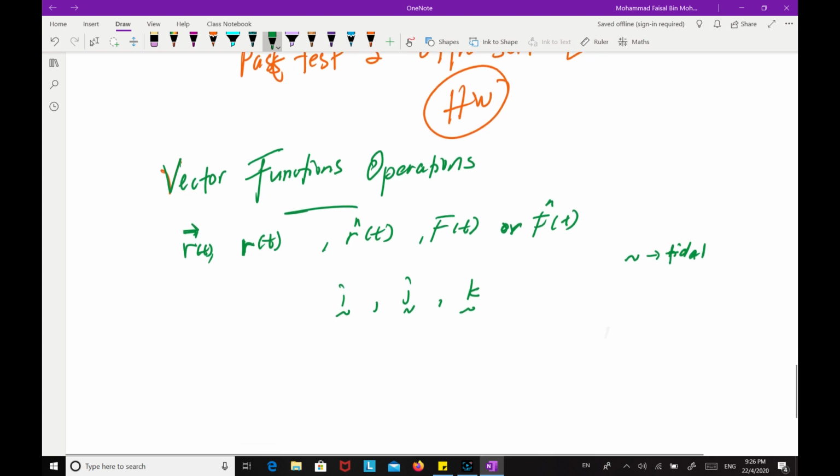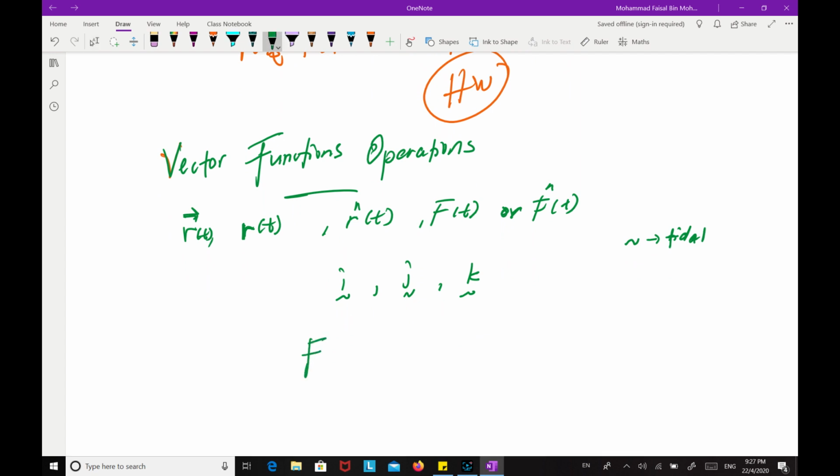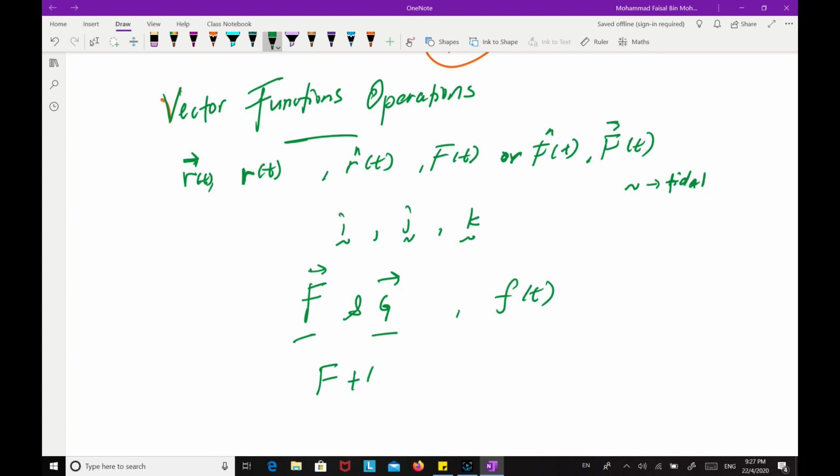So let f and g be vector functions. Let's say I put f like this. f and g are vector functions of the real variable t, and let F(t) be a scalar function. F(t) is a scalar function. Big F and big G will be the scalar function. So (f plus g)(t) will be f(t) plus g(t).